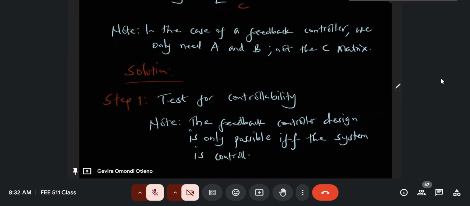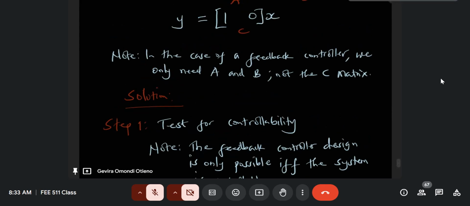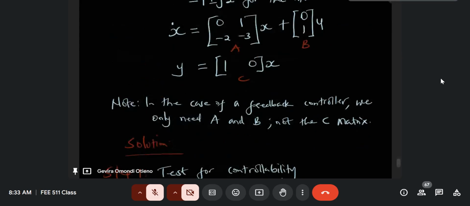Those who know maths and have been using some of these symbols will know that if and only if is just IFF. So please note that whenever you are asked to do any design using the feedback controller design method, whichever method you decide to use, the first step is usually to test whether the system you are provided with, the model, is controllable or not.